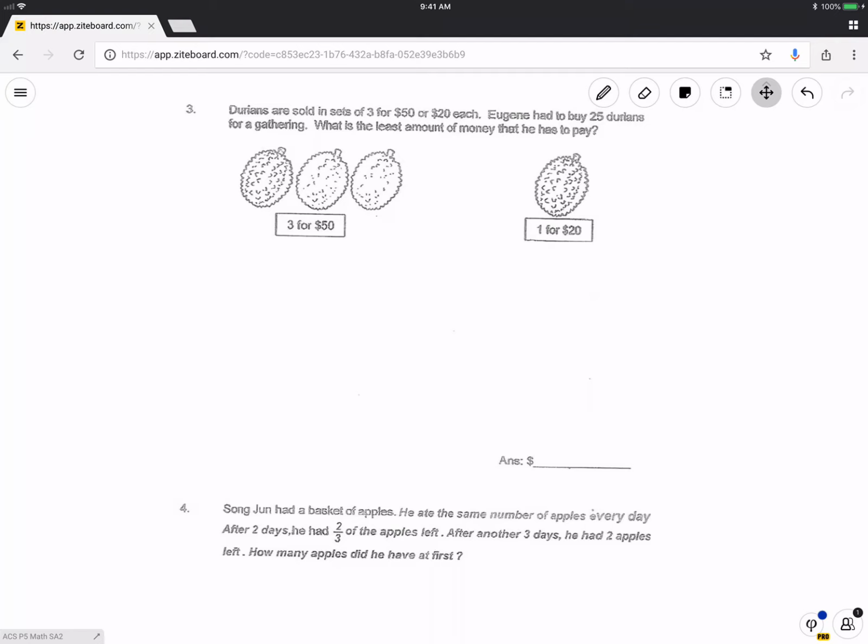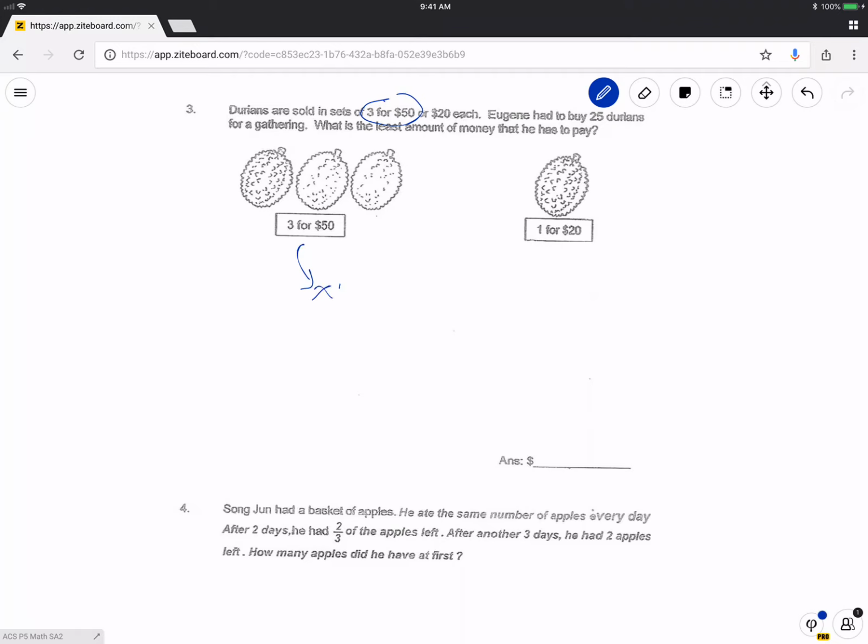Durians are sold in sets of 3 for $50 or $20 each. So obviously we will buy 3 because 3 costs $50. Eugene had to buy 25 durians for a gathering. What's the least amount of money that he has to pay? So obviously he will try to group 3 for 50, right? So for 25, he can buy 8 sets.